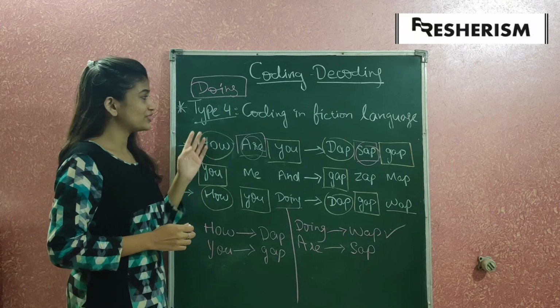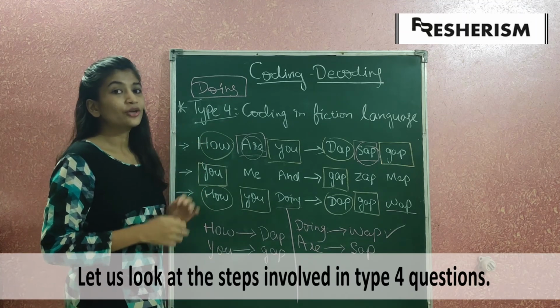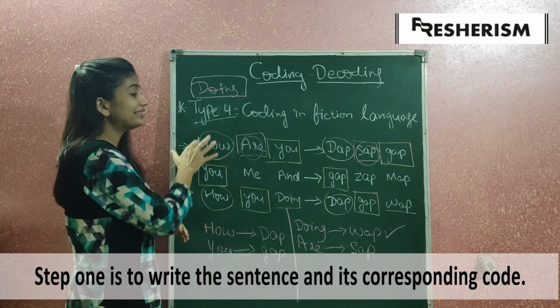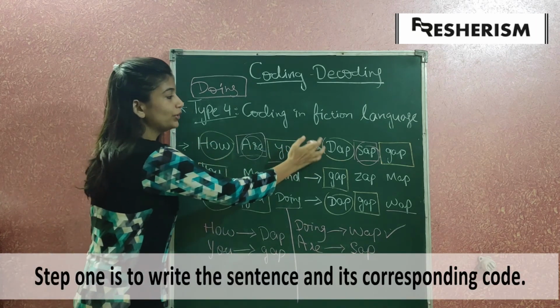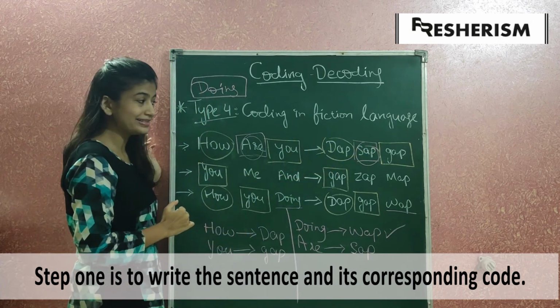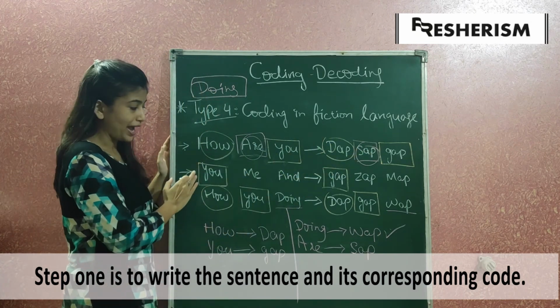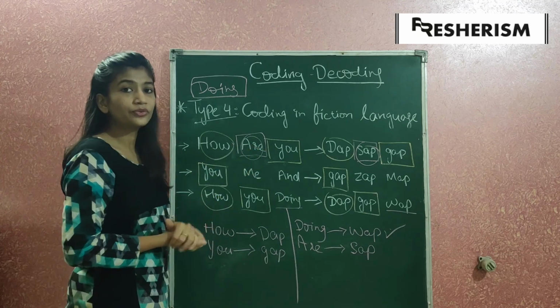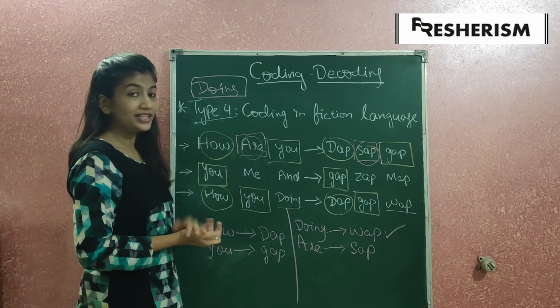While solving the question based on type 4, the steps which we did were, step 1, write the sentence and put the arrow and then write the code for the given sentence. Same thing will be applied with the other given sentences and codes. Afterwards, identify the matching word.